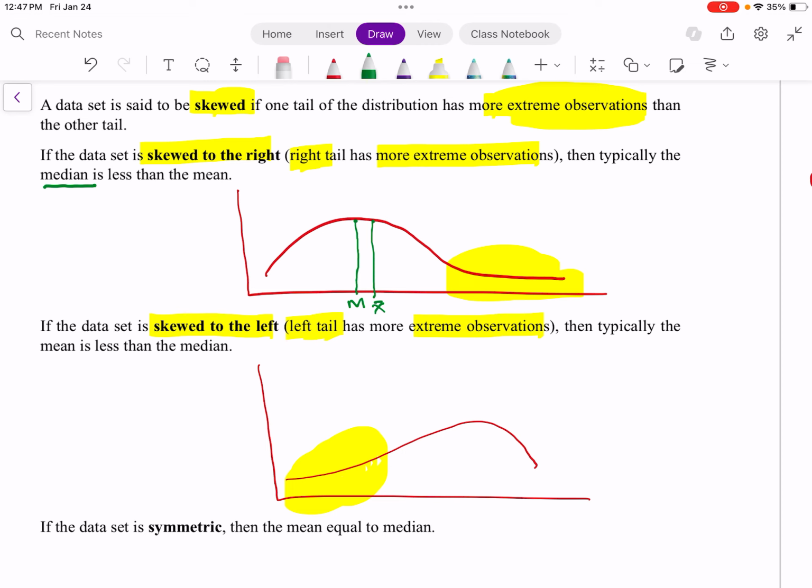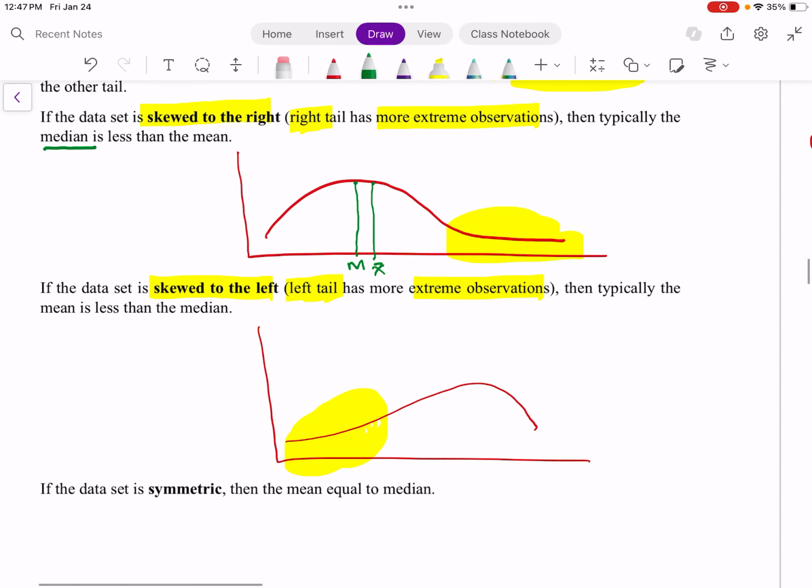So if we have a data set skewed to the right, then the median is always smaller than the mean. If we have skewed to the left, then our mean is less than the median. So our mean is on the left side and our median is on the right side, okay? So x bar is smaller than m if we have skewed to the left.